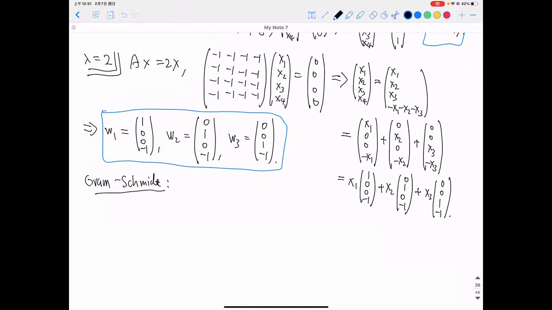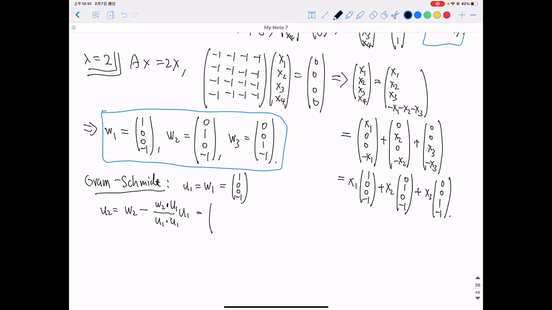So let's say U1 is W1. Now U2 should be obtained from W2 by subtracting some direction in U1. And that's the direction.